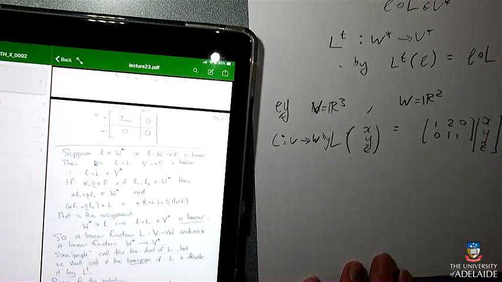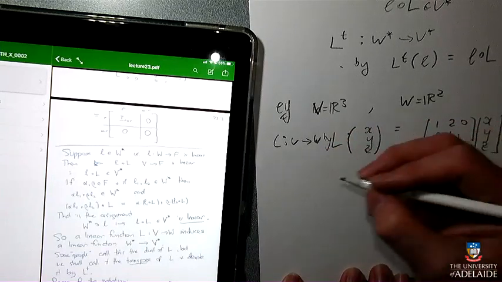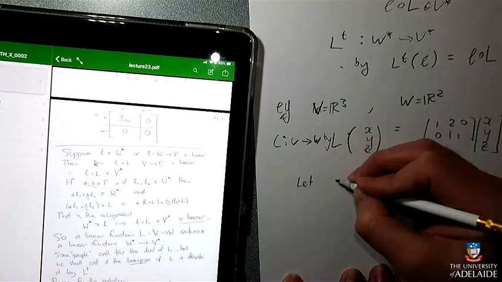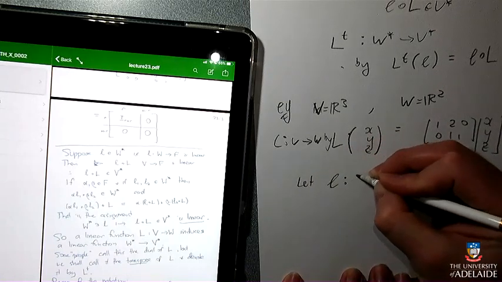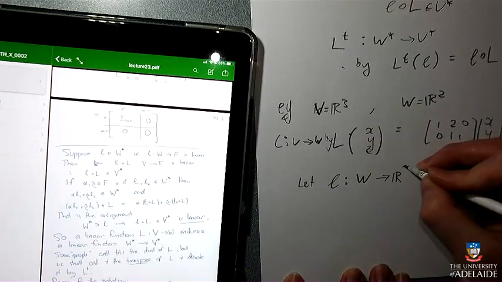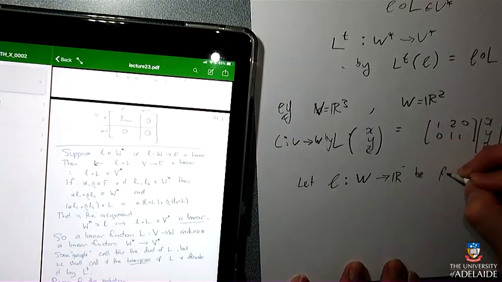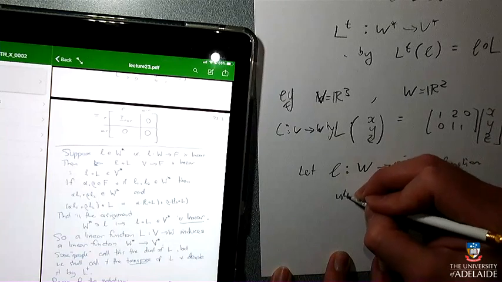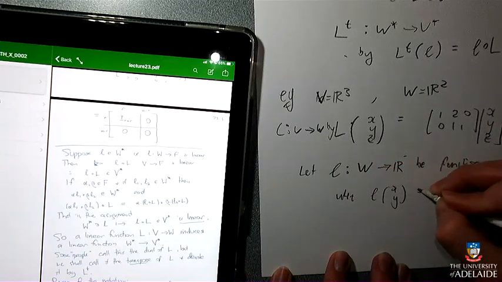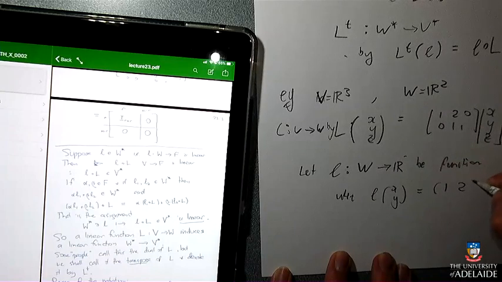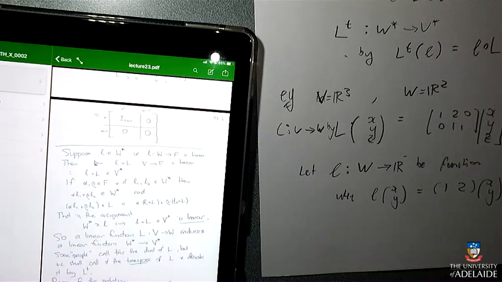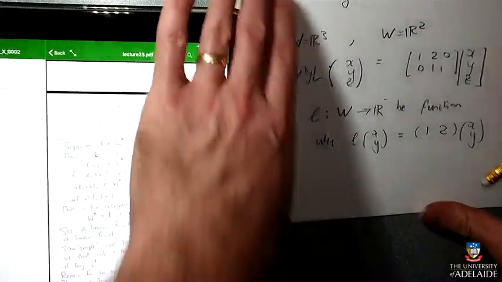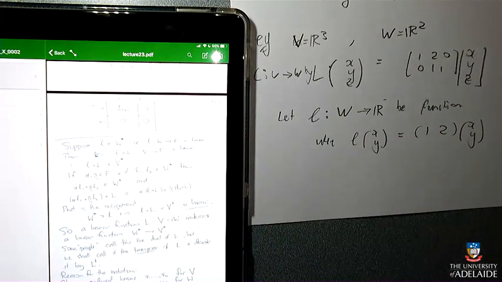And so let little l, which sends W to R, be the function where l of x, y is like 1, 2 times x, y. That's a perfectly good function. So we're saying that what L transpose does is it sends this to something in V star.